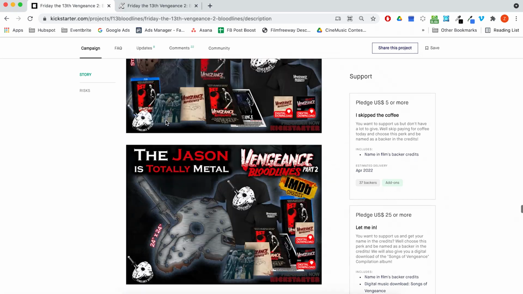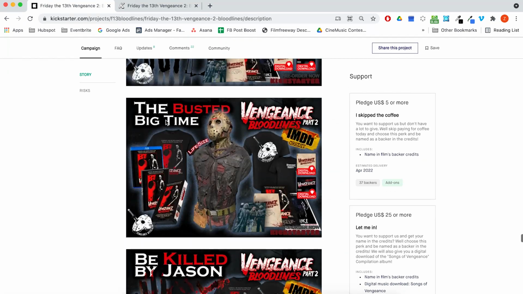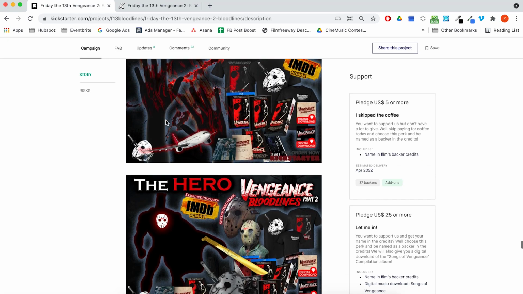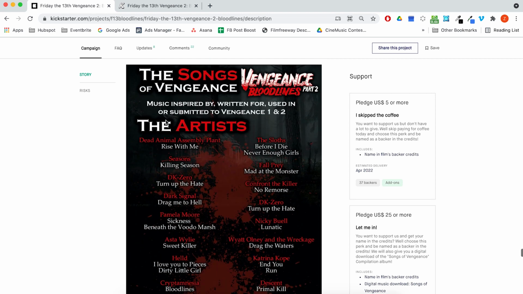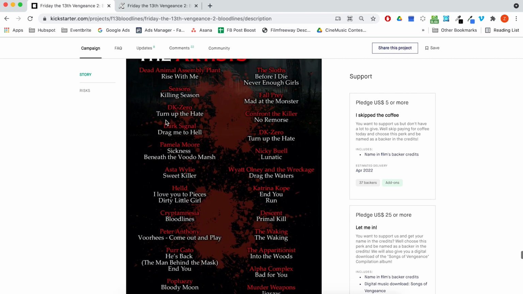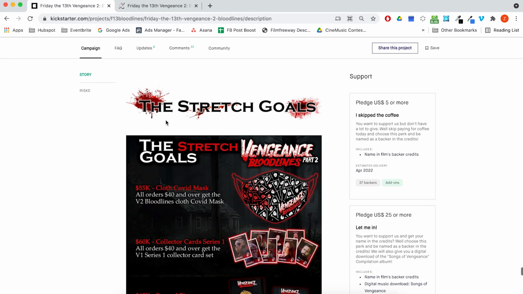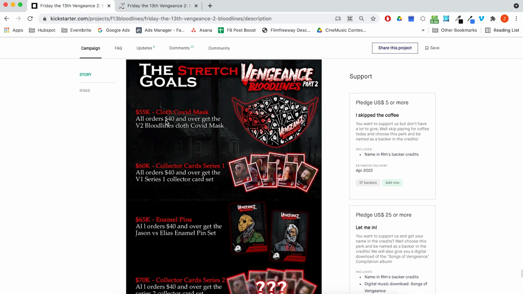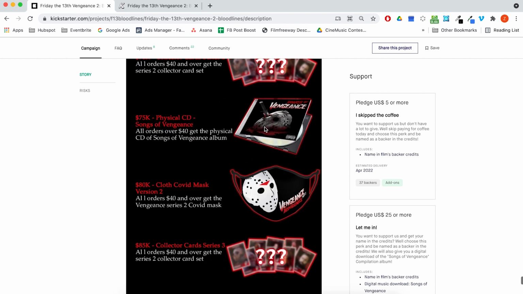And again, the graphics are just incredible over here. So graphic design is extremely important for these kinds of campaigns. And then the artists, the songs, the stretch goals that they had over here. So they obviously got over their goal, and they had some stretch goals, which are, again, just so visual.